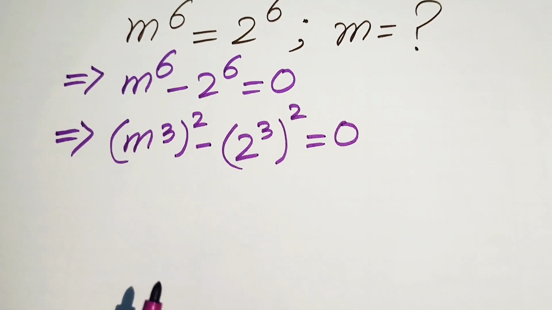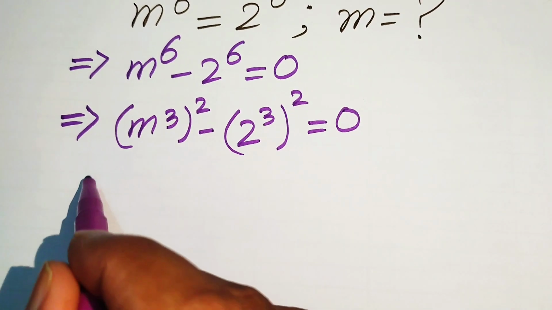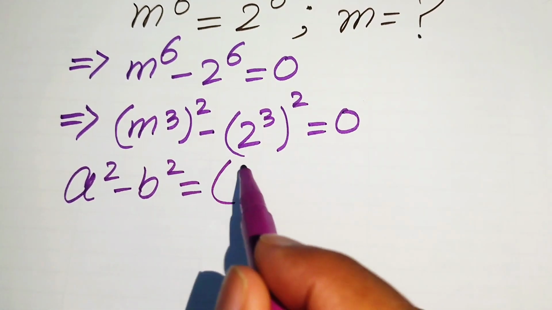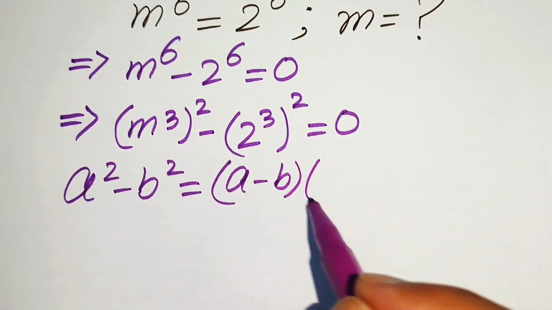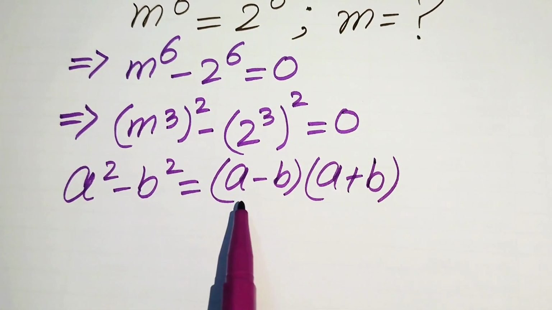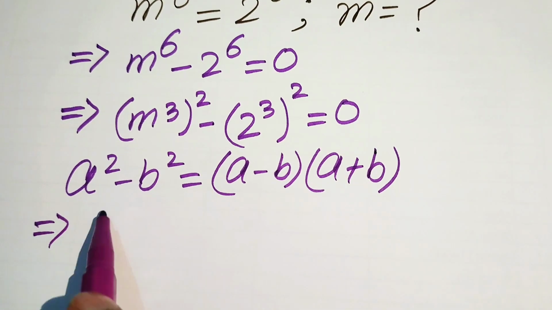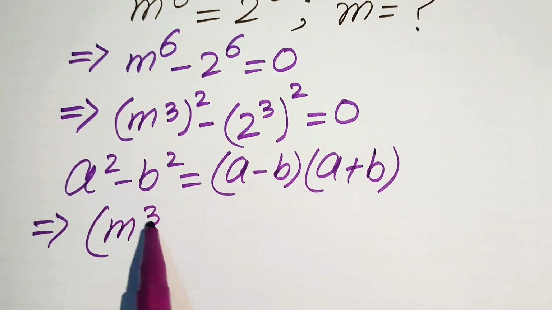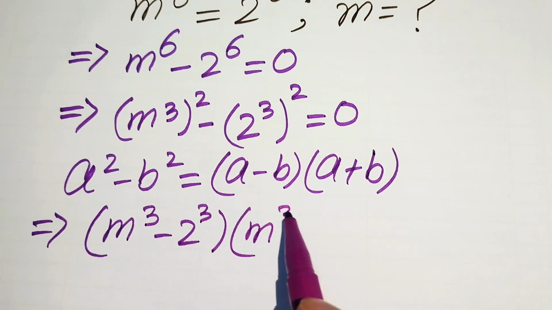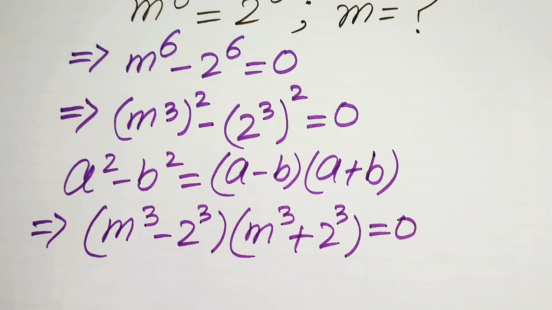And after that we use the nice square identity: if we have a square minus b square, it equals a minus b times a plus b. So according to this formula, we write our above equation as m cubed minus 2 cubed into m cubed plus 2 cubed equals 0.